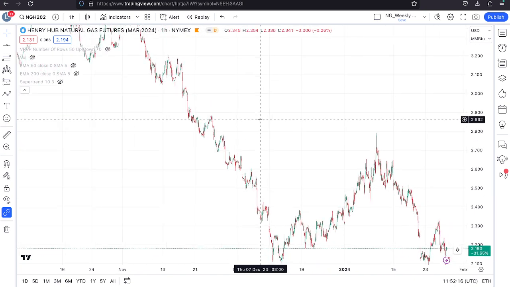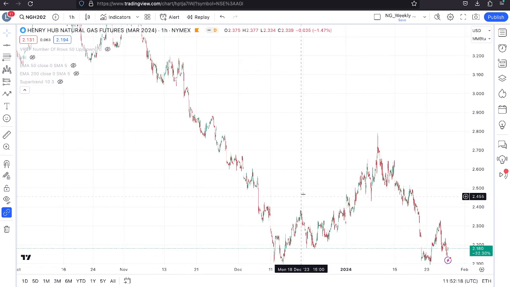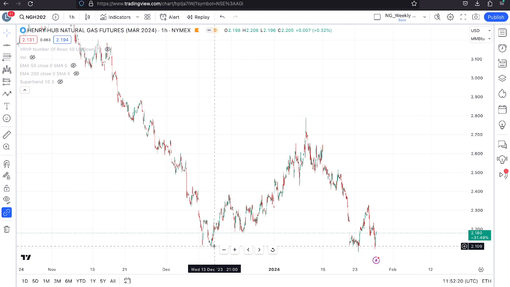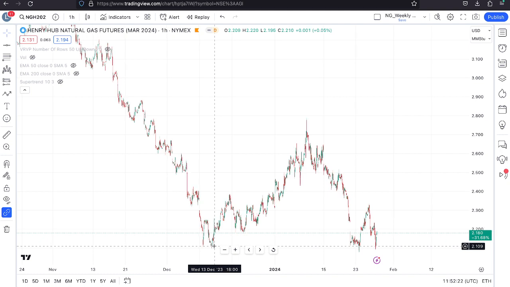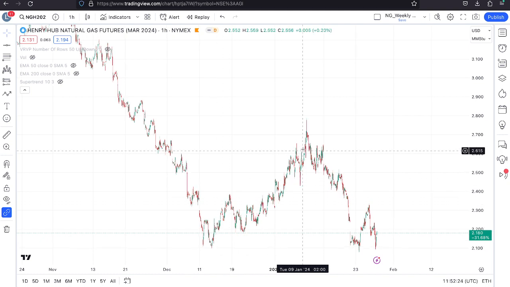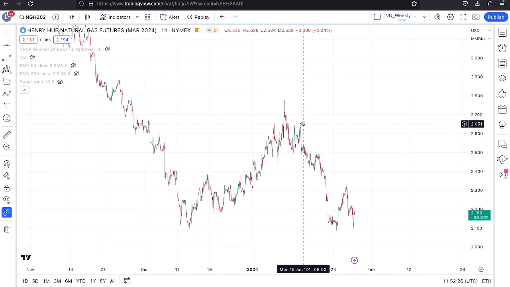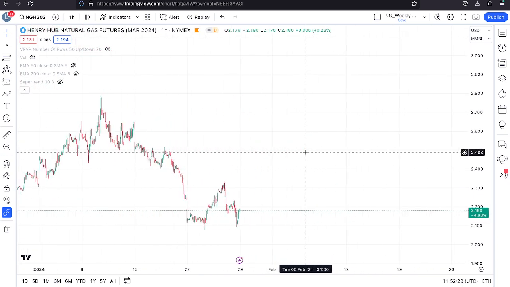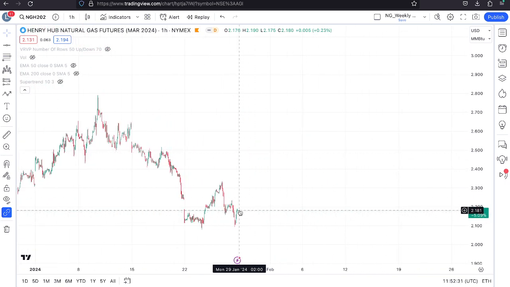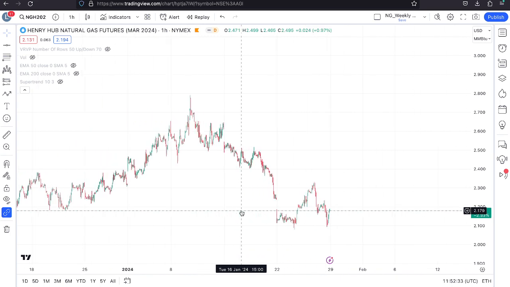Then we can see a steep drop in the price, a bit of bulls taking control here, pushing the price up a bit, and then eventually the price has gone down here, and we are here at Friday's close.